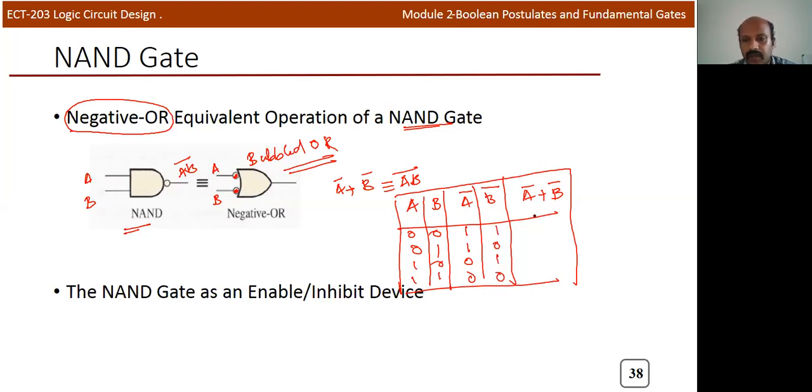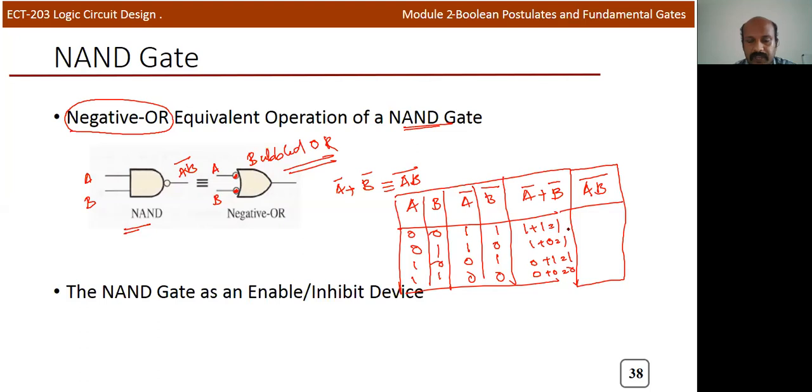Now we perform the OR operation between these. 1 or 1 is equal to 1, 1 or 0 is 1, 0 or 1 is 1, and 0 or 0 is equal to 0, which is equivalent to A B the whole bar.